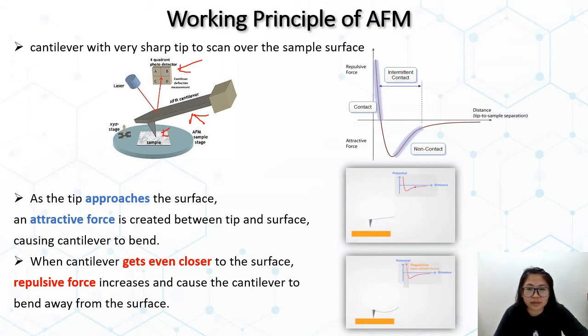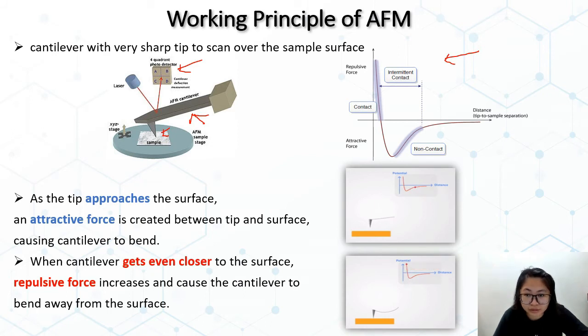So this is the force shown when the probe approaches the sample. We can notice from this that as the tip approaches the surface, an attractive force is created between the tip and surface, causing the cantilever to bend.